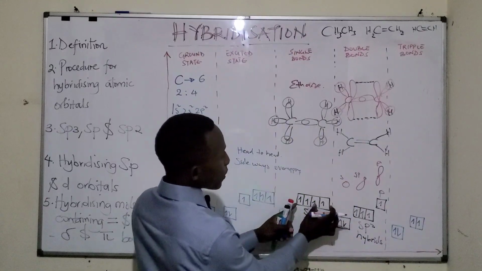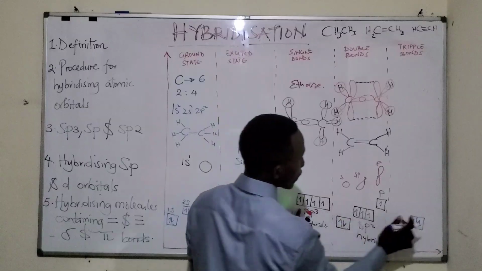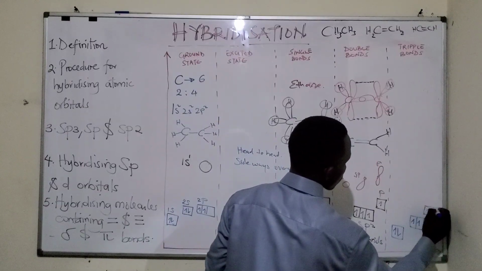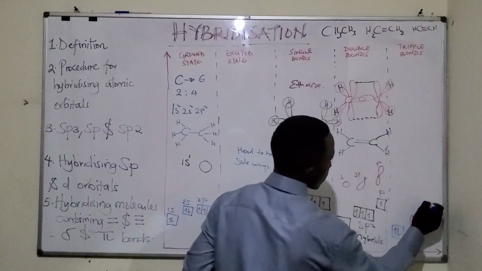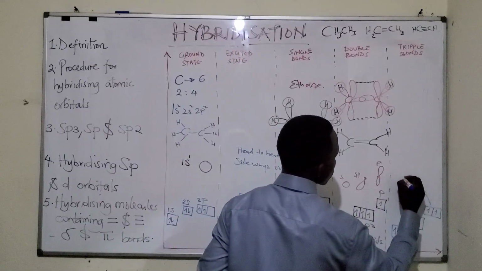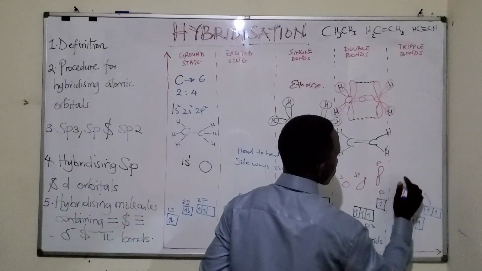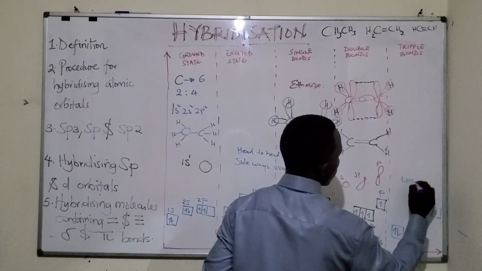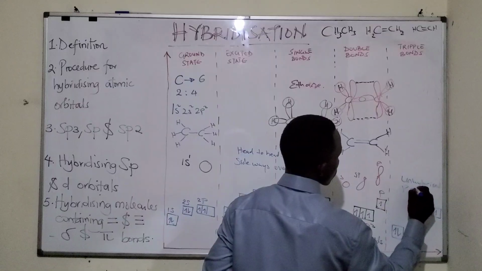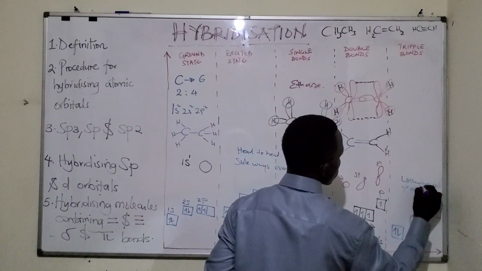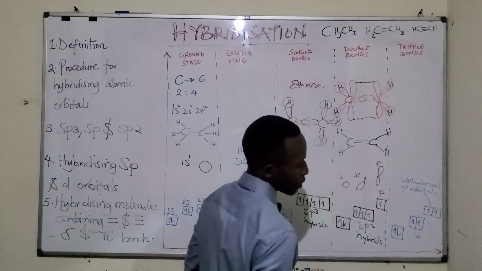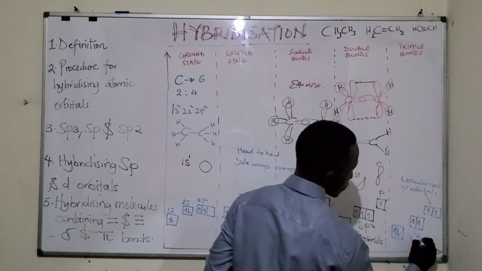Then the remaining unhybridized p electrons will be here. These are the unhybridized p orbitals. These are the hybridized orbitals, the hybrids.